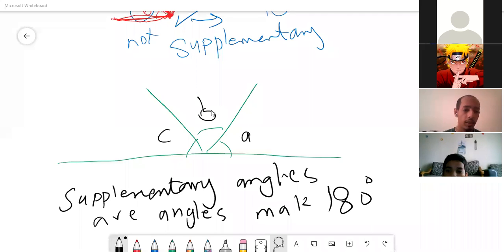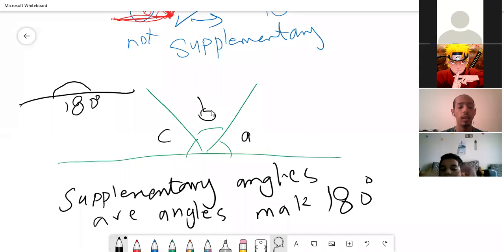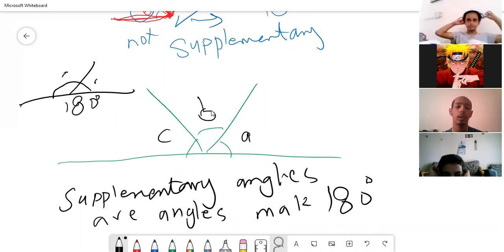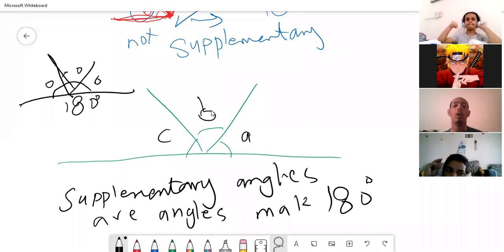Let's say this is the straight line. It is 180. If you divide it into two parts, this and this is gonna be 180. But if you add one more angle, if you add them all, you will get 180.